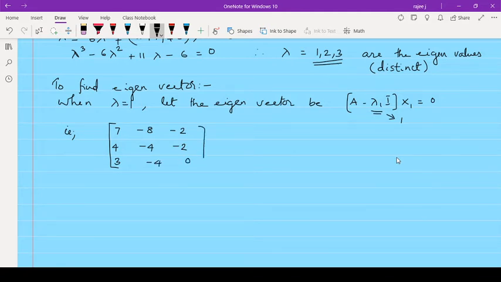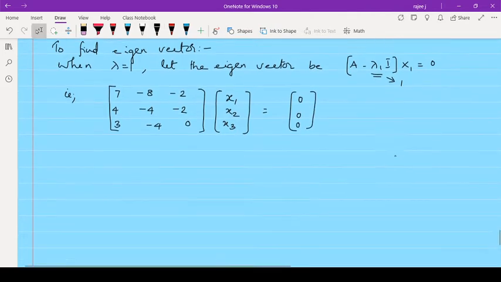Then this x1 we will consider as x1, x2, x3 because this is a vector. 3 variables will be there because it is a 3 by 3 order matrix. This is equal to the right side 0, which means the 0 matrix. So, 0, 0, 0.